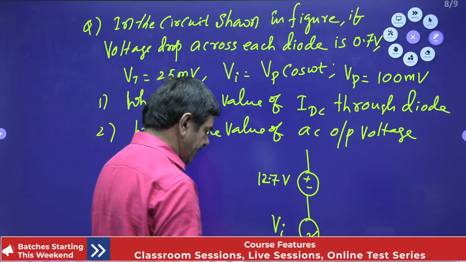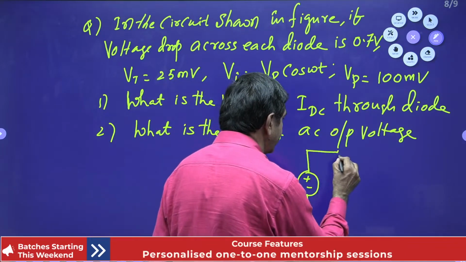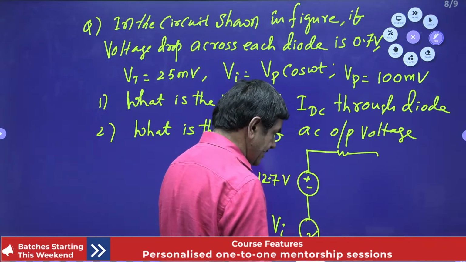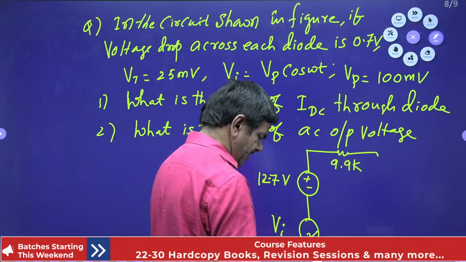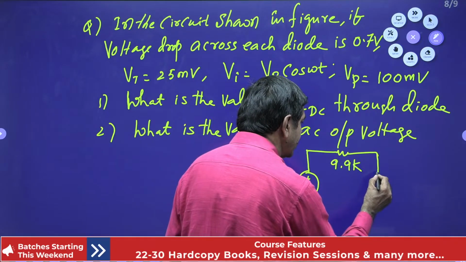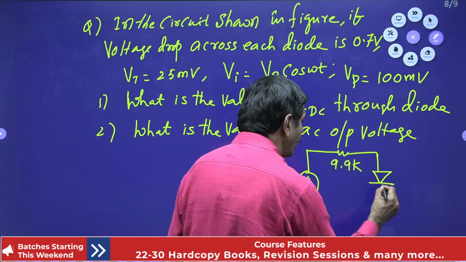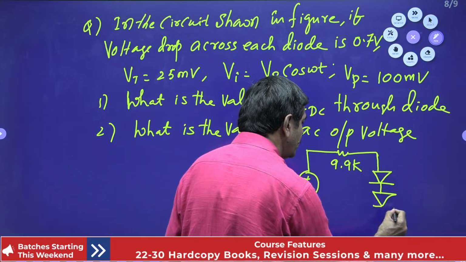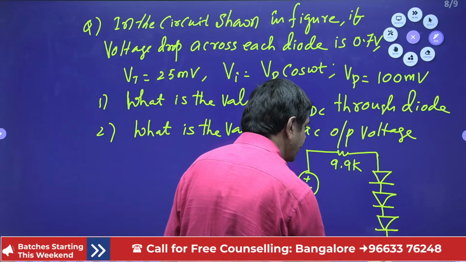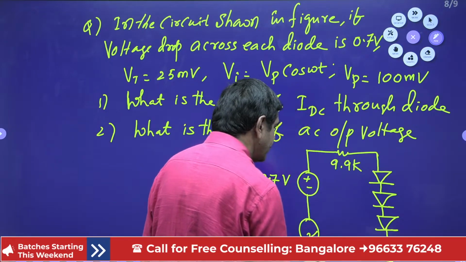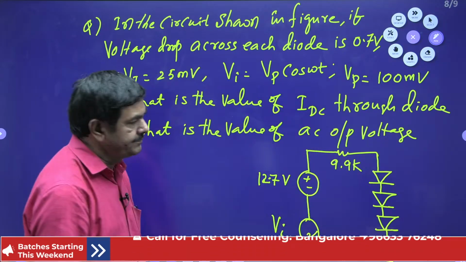A 9.9K resistor is connected here, and 4 diodes are connected this side: 1, 2, 3, 4 diodes are connected like this. In such a way the network is given.